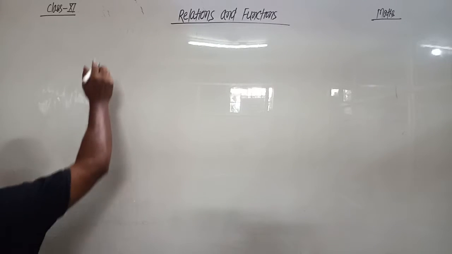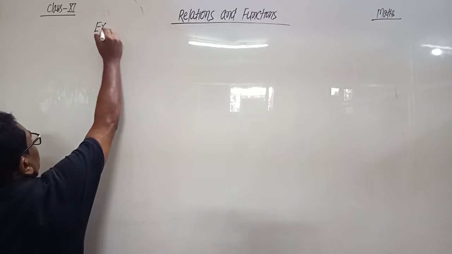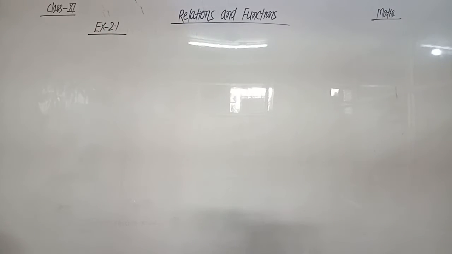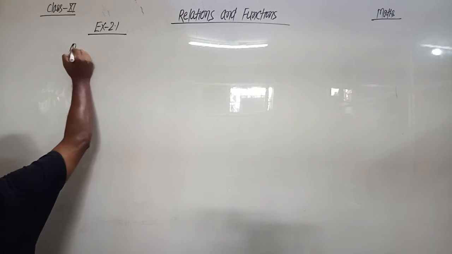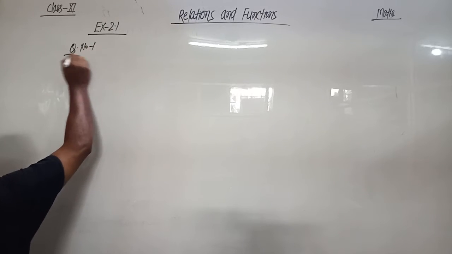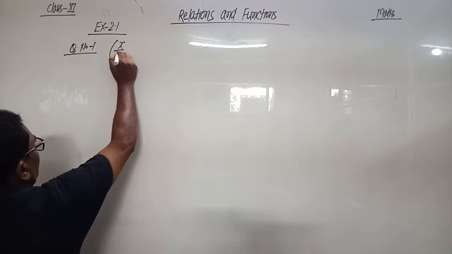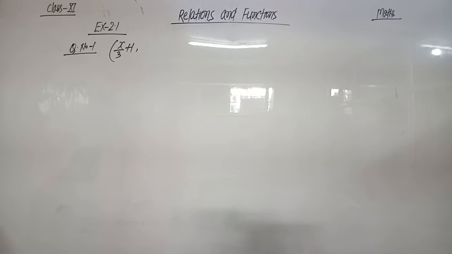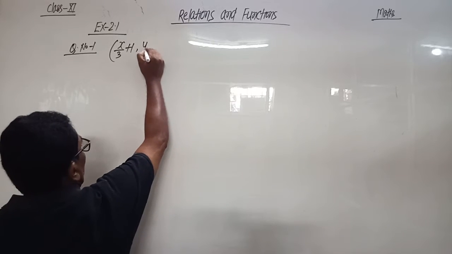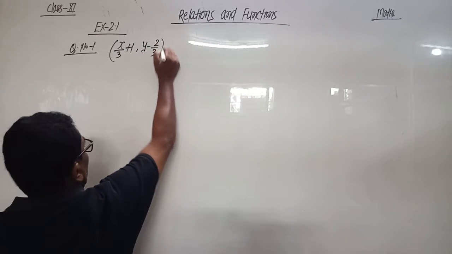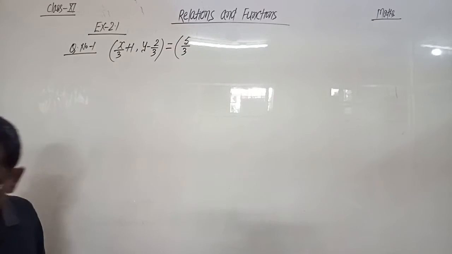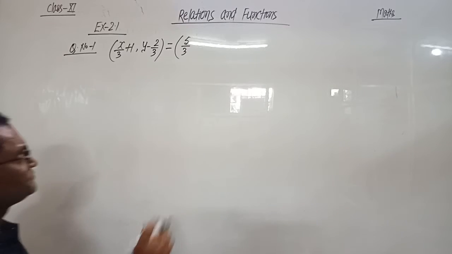Do exercise 2.1. The first question is (x/3 + 1, y − 2/3) = (5/3, 1/3).